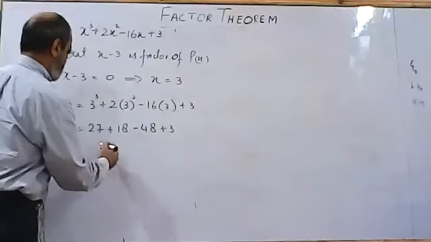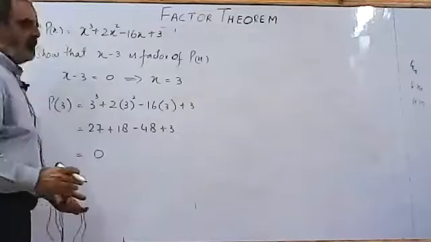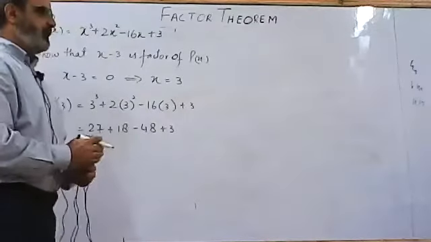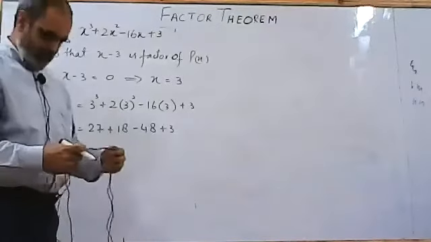So it comes out to be 0, which shows that x minus 3 is a factor of p(x).